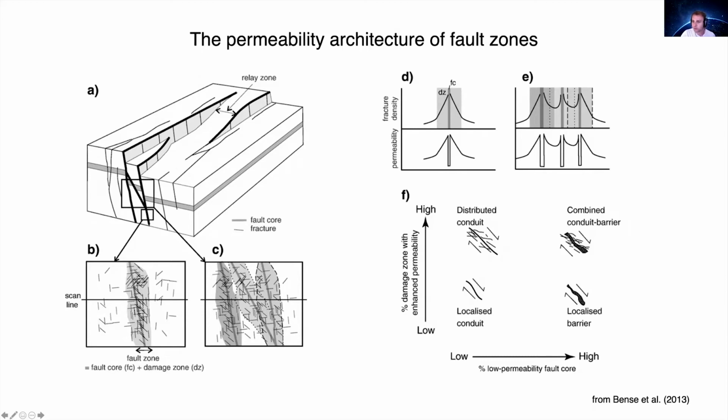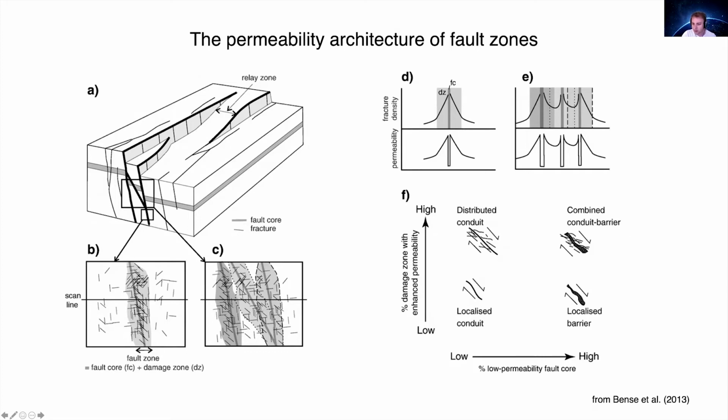Or if you have multiple faults, it might have some kind of pattern like this. And these authors try to synthesize these observations by saying something about how much of the effective fault zone width is taken up by the damage zone. That can translate into different types of systems where you can have a localized conduit, a localized barrier, or some kind of distributed conduit system and so forth.